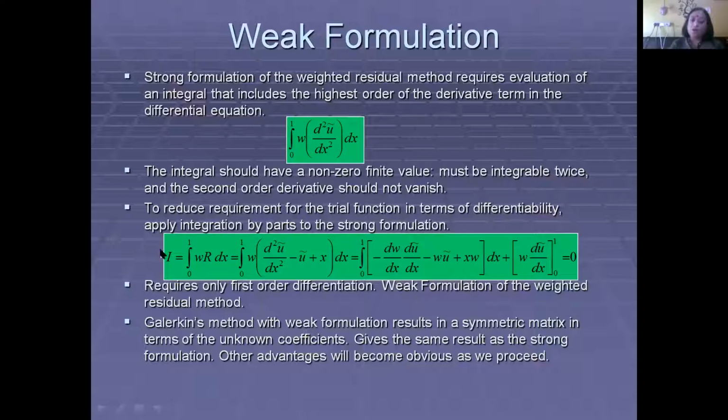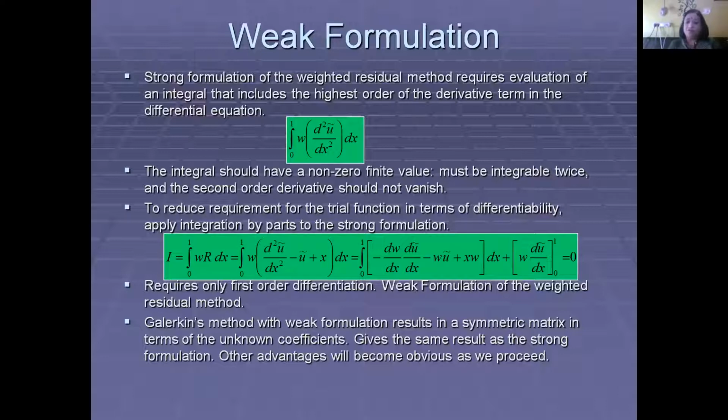So these two expressions are identical, except that in this case, I have applied integration by parts to reduce it to a form which requires me to be able to integrate u only once, and w also has to be differentiable. So this is my advantage. And this method is called the method of weak formulation.